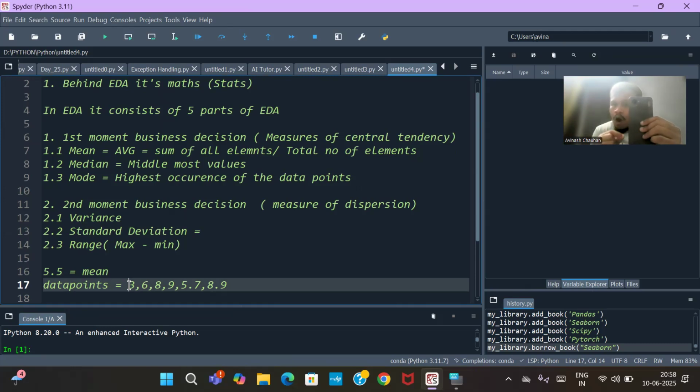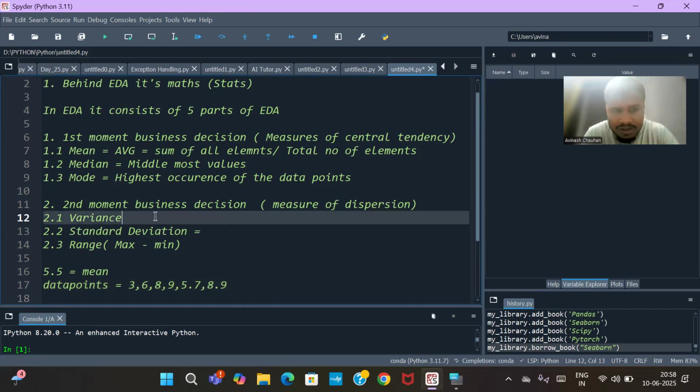So how much is it dispersed from the mean? Don't say length, because length is not the appropriate word. It is how much it is dispersed, whether right, left, up, down, how it is dispersed from the mean. That particular thing is known as standard deviation.